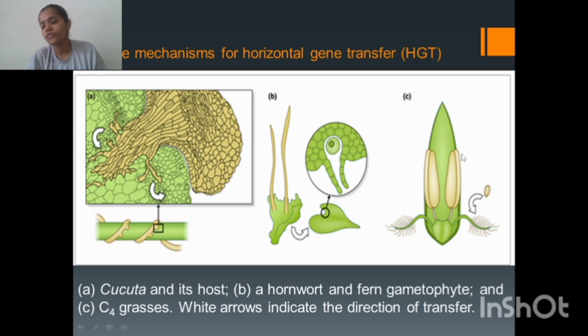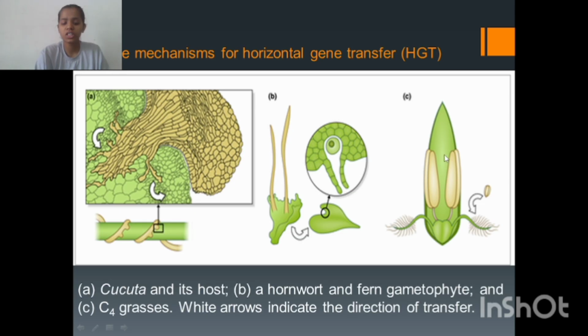Next, in the third picture, we have C4 grasses. Here, it shows the grass reproductive structure, that is, the flower. HGT is proposed to occur via pollen-mediated transfer or hybridization-like events. Genes related to C4 photosynthesis may spread between grass species, that is, reproductive tissue may act as a route for gene transfer.